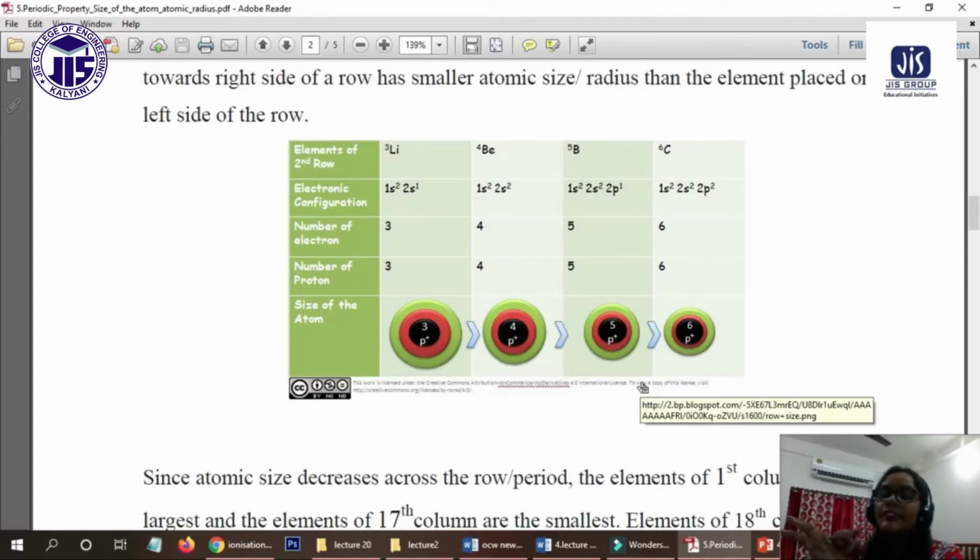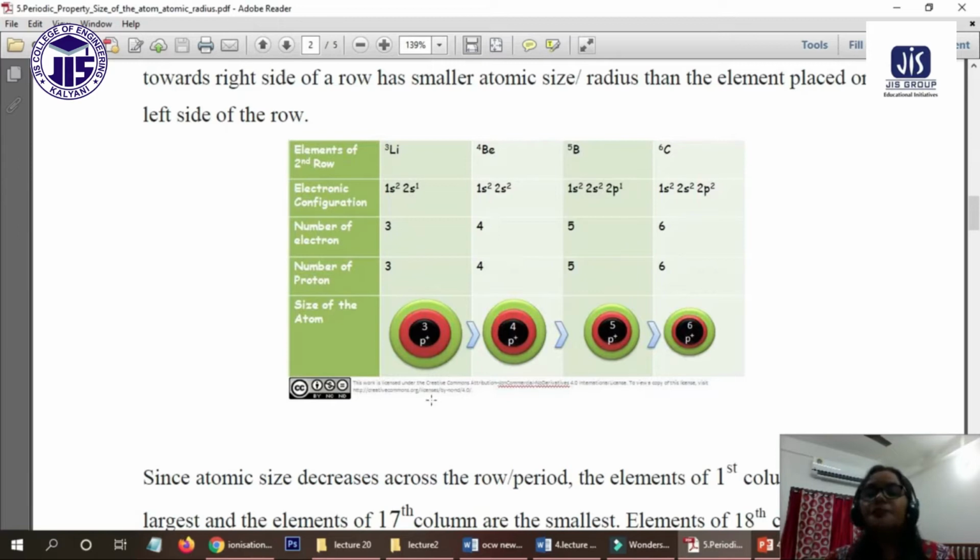So the nuclear charge will increase, and it will hold the outer orbital electrons more strongly. That's why if we go towards the right side, the size will decrease. Is this clear to all?